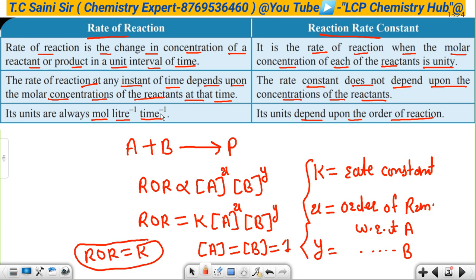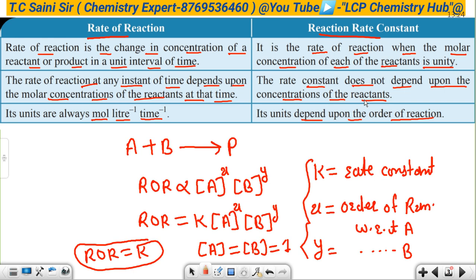For reaction rate constant or specific rate constant, it is the rate of reaction when the molar concentration of each of the reactants is unity, then rate of reaction will be equal to rate constant of the reaction. Second, the rate constant does not depend upon the concentration of reactants.